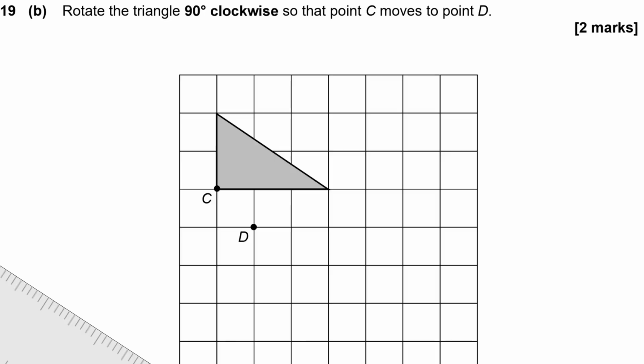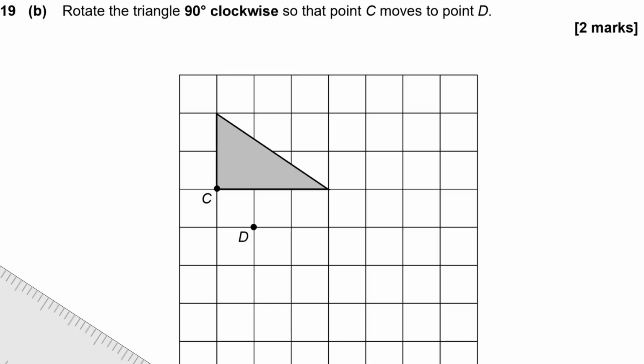Part B says rotate the triangle 90 degrees clockwise so that the point C moves to point D. Probably, if you're doing this in an exam, the easiest thing to do would be to trace the triangle and then just try and stab the paper where you think the center of rotation is, and try and turn it and see if it does line up.